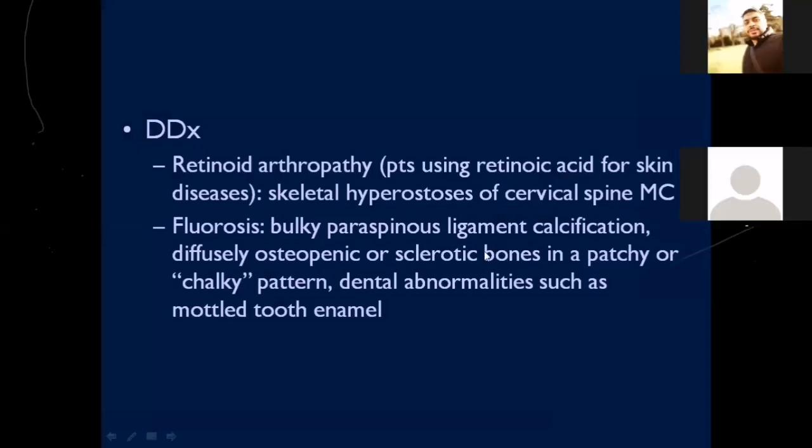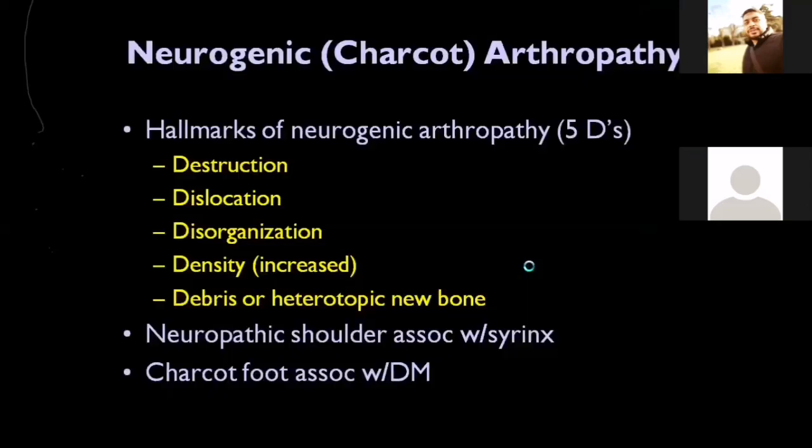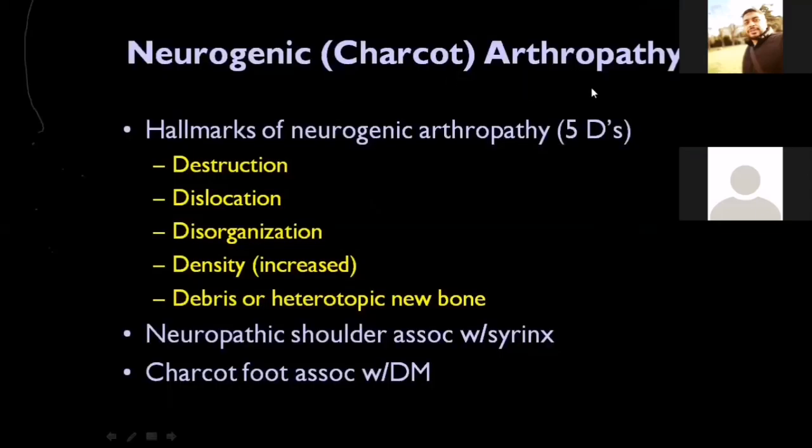Okay, so let's. This is also one of the important ones if you think about what is called Charcot or neurogenic arthropathy. When you see something very ugly, sure that your first thinking will be about Charcot or neurogenic arthropathy. And everyone knows about the 5 or 6 or 7 Ds that are always in the textbook: destruction and dislocation and disorganization and density and debris.